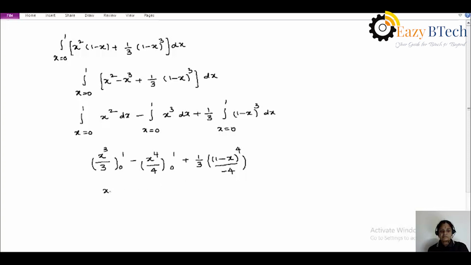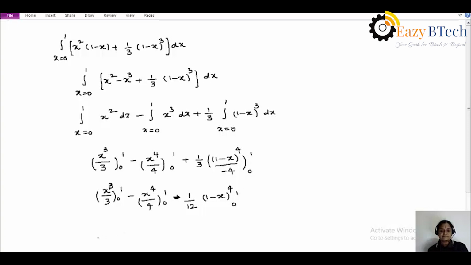So now x cubed by 3 within the limits 0 to 1, x power 4 by 4 within the limits 0 to 1, and minus 1 by 3 into 1 by minus 4 is minus 1 by 12, 1 minus x whole power 4, limits 0 to 1.